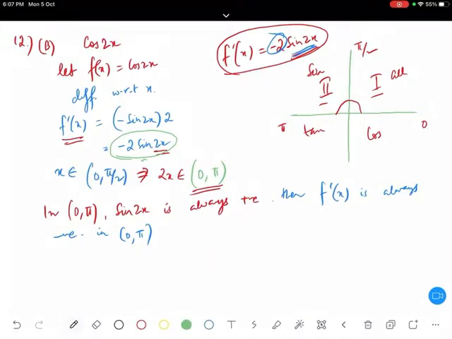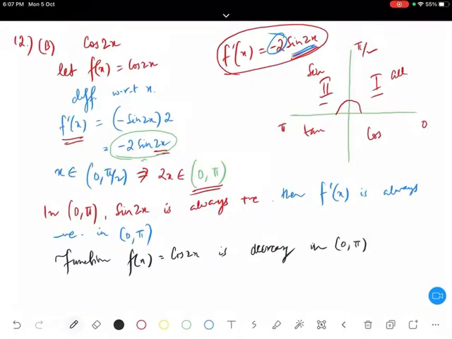So you write down here that the function f(x) equal to cos 2x is decreasing in 0 to pi. So if I say the function is decreasing from 0 to pi, can't I say that the function is decreasing from 0 to pi by 2? Yes, obviously we can say, because it is decreasing on the entire 0 to pi.